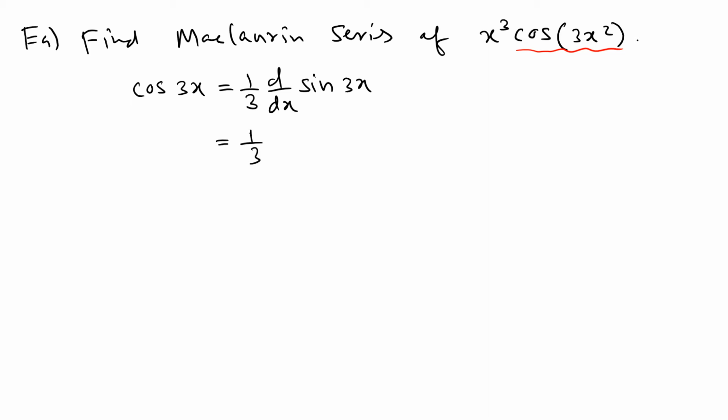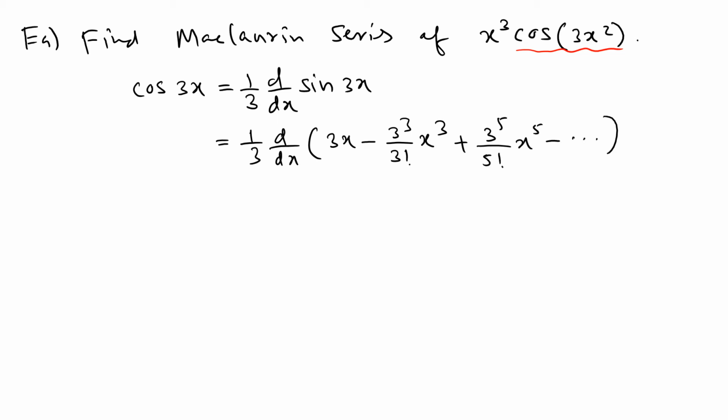So let's take the derivative here. We're going to plug in the first few terms. So it was 3x minus 3 cubed over 3 factorial x cubed plus 3 to the fifth over 5 factorial x to the fifth minus, like that. You can also use summation notation.